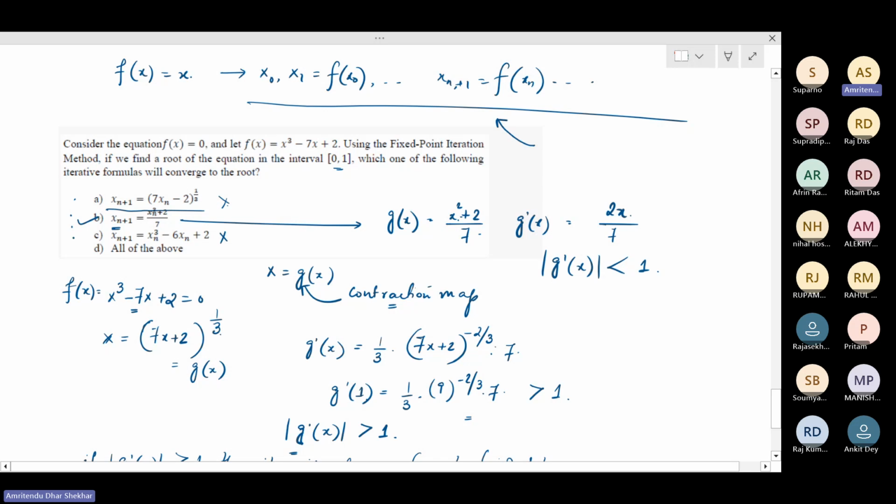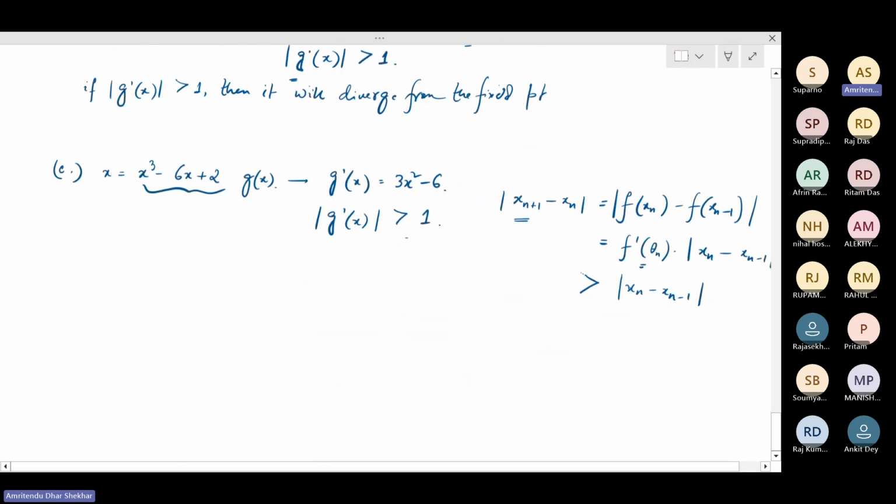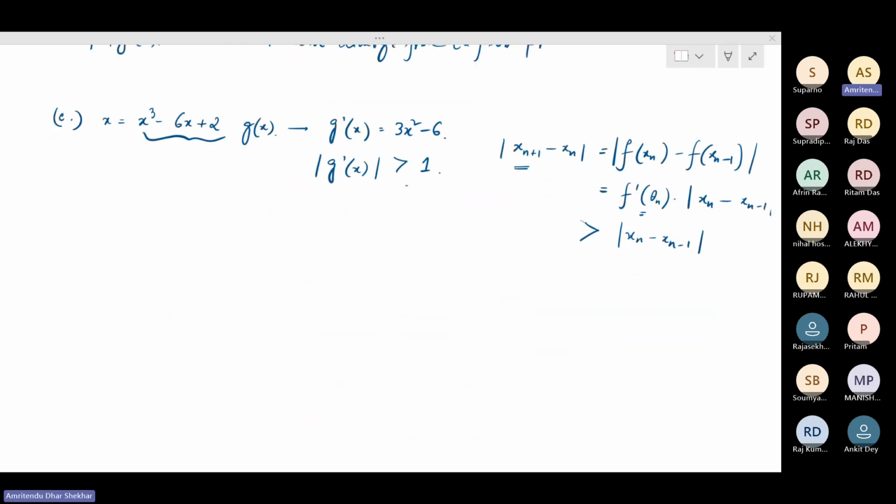We do not have a guarantee that it will succeed unless we can ensure that it's a contraction map. I hope this is clear. If you have any questions, you can ask me. Otherwise, we'll move on.